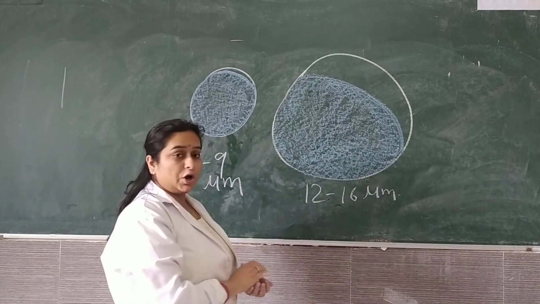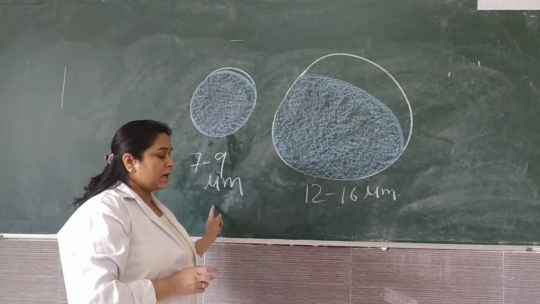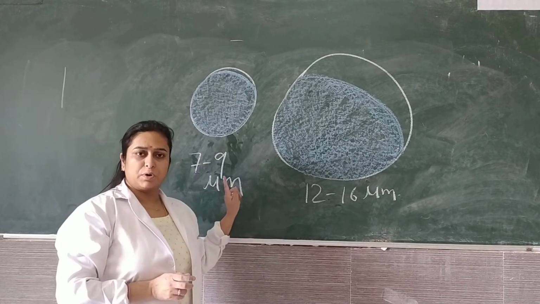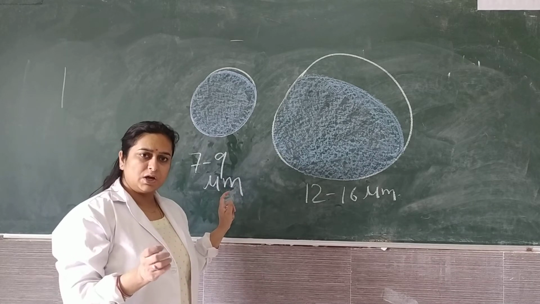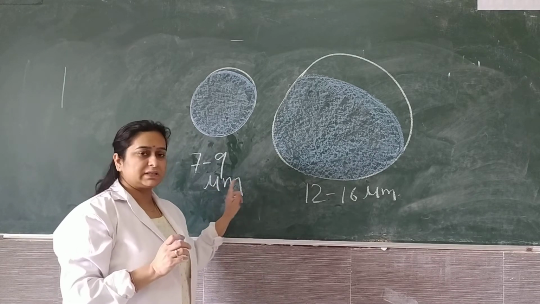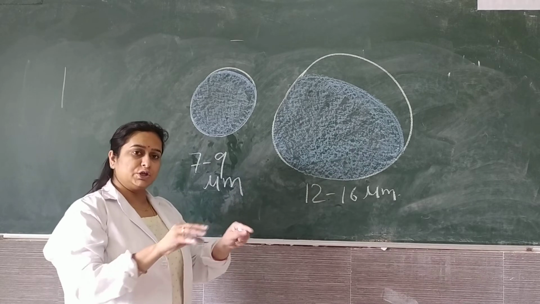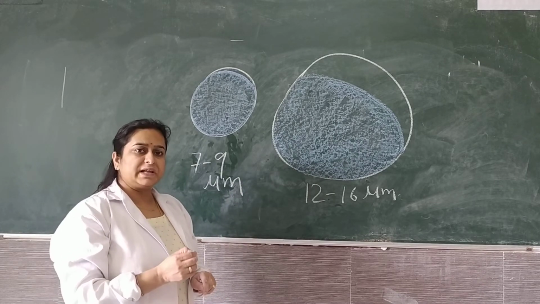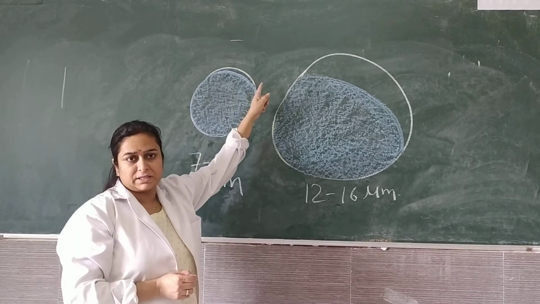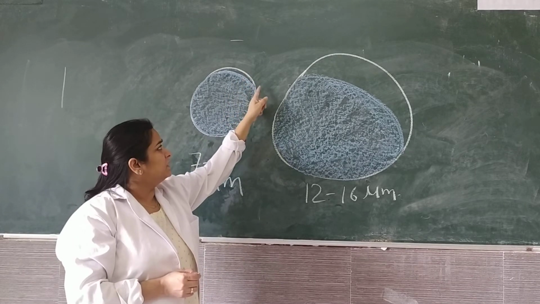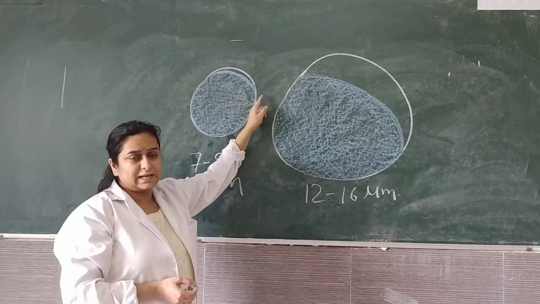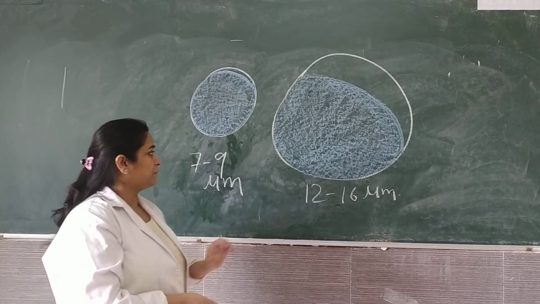So how can we differentiate between small lymphocyte and large lymphocyte? The most important thing is the size. Small lymphocyte will be more or less equal to the size of RBC, with the nucleus completely occupying the cell. Only a slight rim of cytoplasm can be visible.